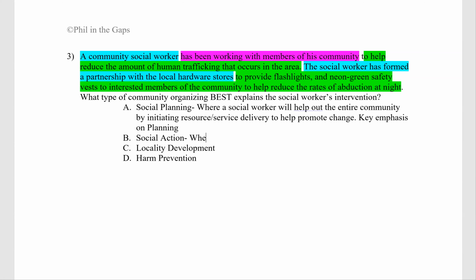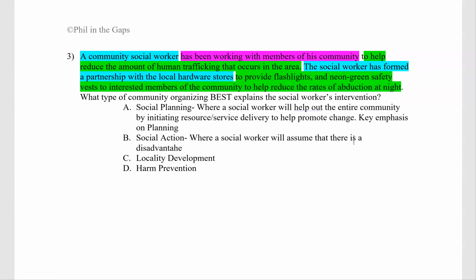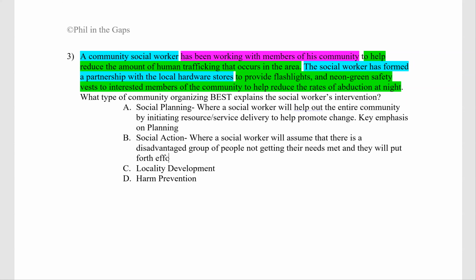B, social action. This is where a social worker will assume that there is a disadvantaged group of people not getting their needs met, and they will put forth effort to get their needs met.